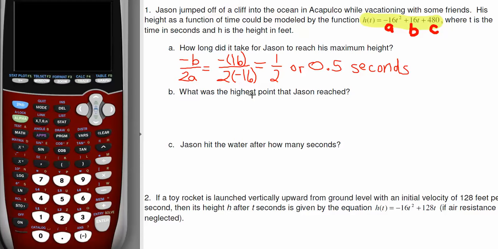Now, what is the highest point? Well, this is the x value. That's what we just found. Or this is our t value. So now that we've found t, we're going to plug t back into h of t.